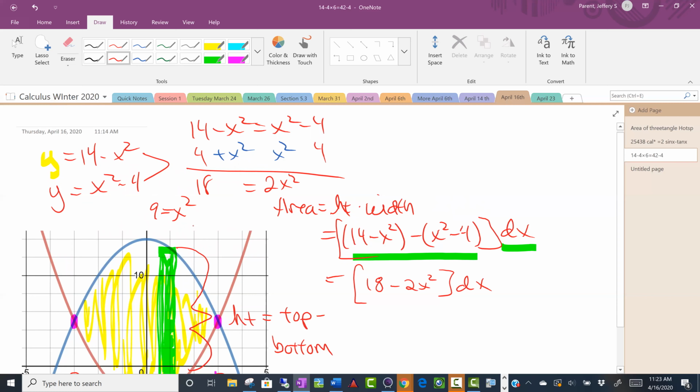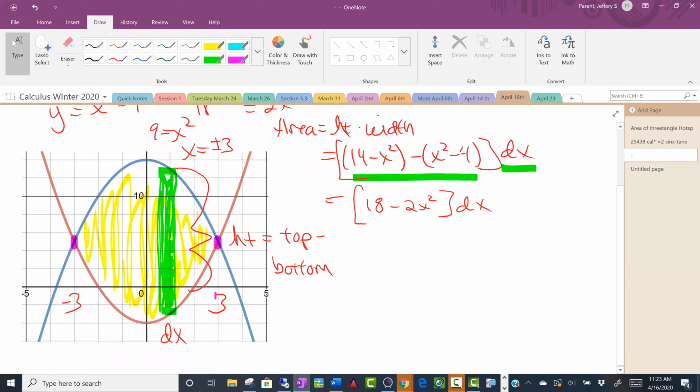So that tells me that x equals plus or minus 3. And that's what we're seeing down here. We have two solutions at 3 and -3 where these two lines cross each other. That gives me my limits of integration. -3 to 3 of 18 minus 2x squared dx.